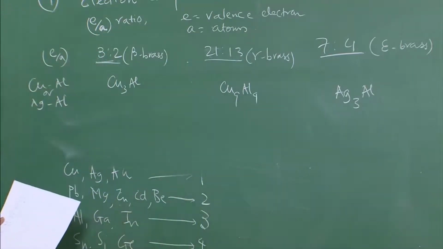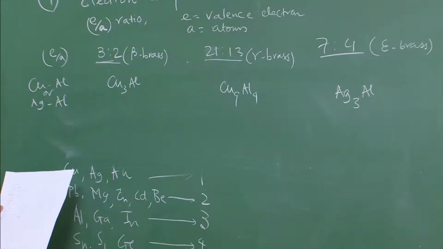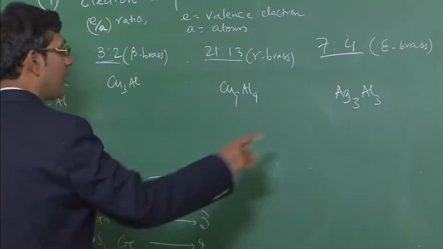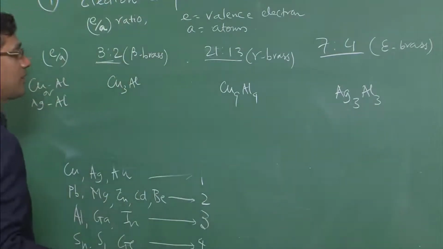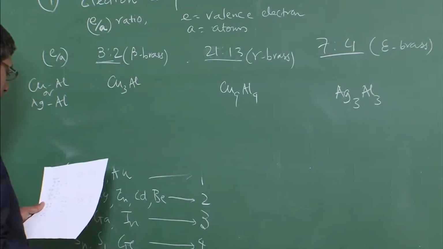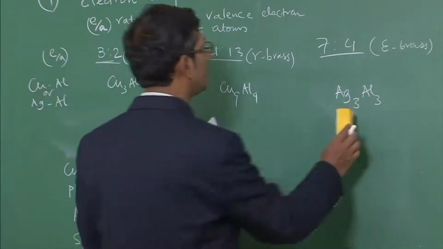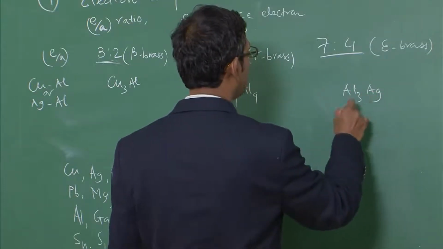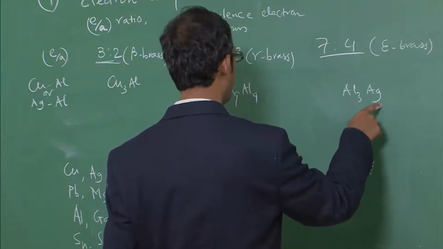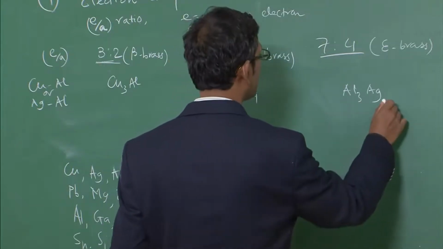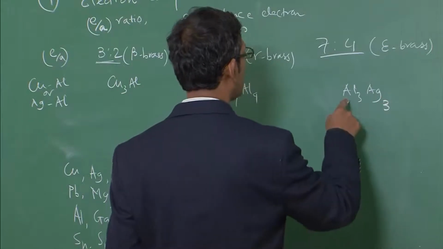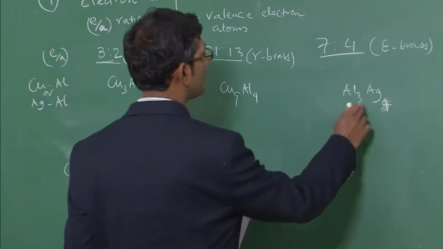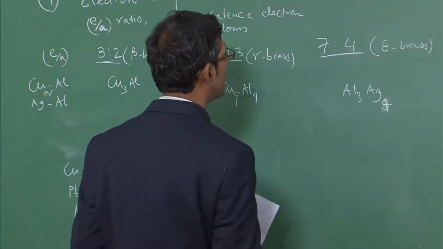So 3 plus 12 is wrong, something is wrong there. Ag3Al was fine, 3 plus 1 is 4, 7 is not coming, so it will be 3 plus 4, 7, 7 by 4, correct.